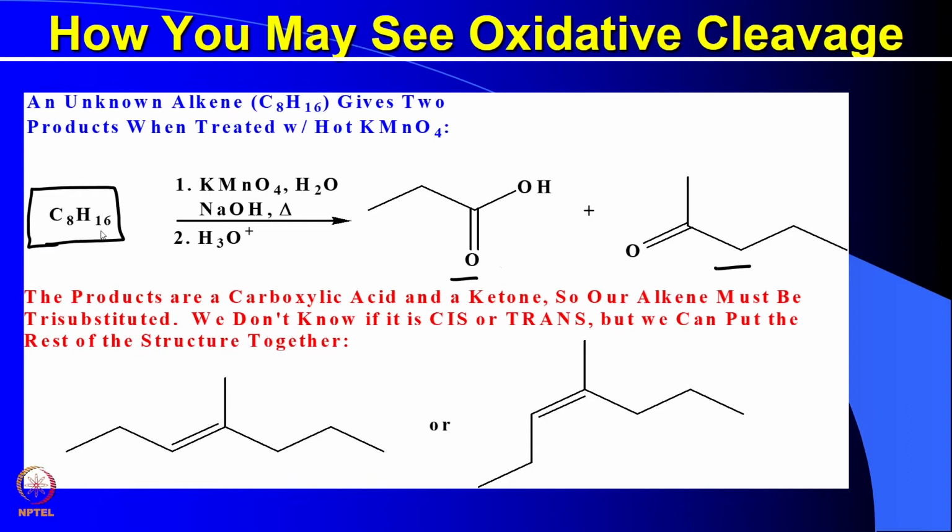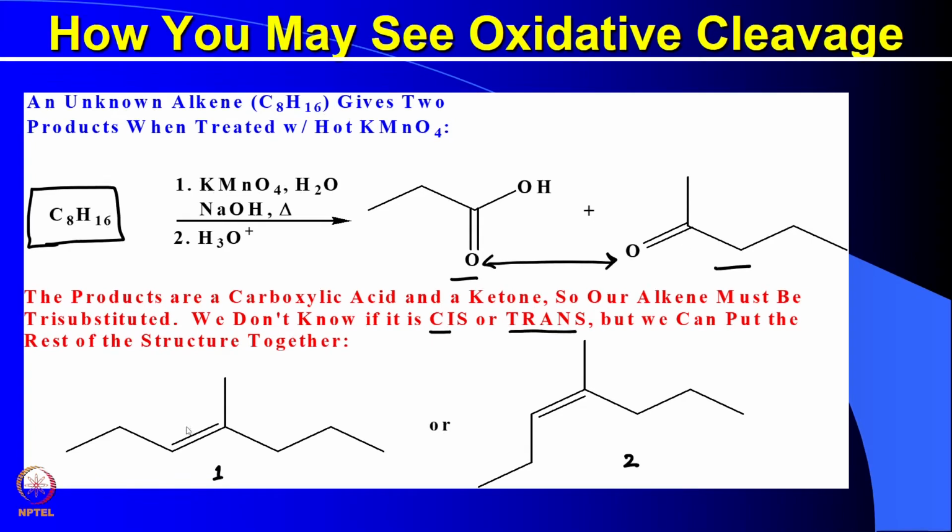So simply we need to place these two compounds with the oxygens face to face, and we can draw two such isomers. In one case it is cis, in the other case it is trans, and these are the two possibilities that may have given us these two compounds.